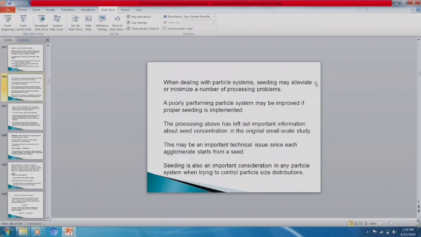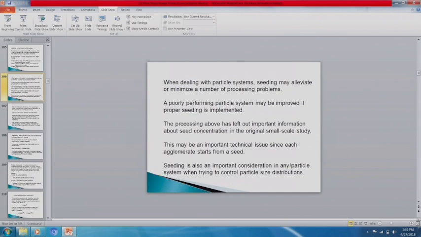Dealing with particle systems, seeding may eliminate or minimize the number of processing problems. Poorly performing particle systems may be improved if proper seeding is implemented. The processing above has left out important information about seeding concentration in the original small-scale study. This may be an important technical issue since the agglomerates start from a seed.